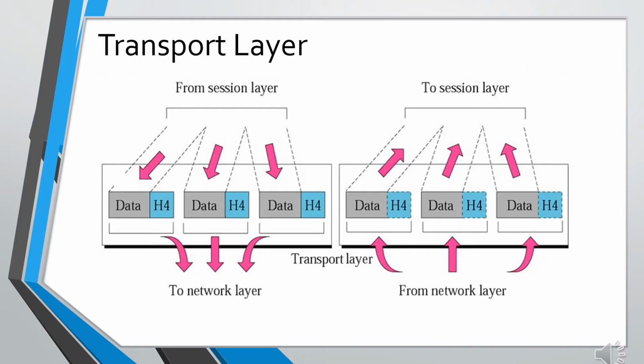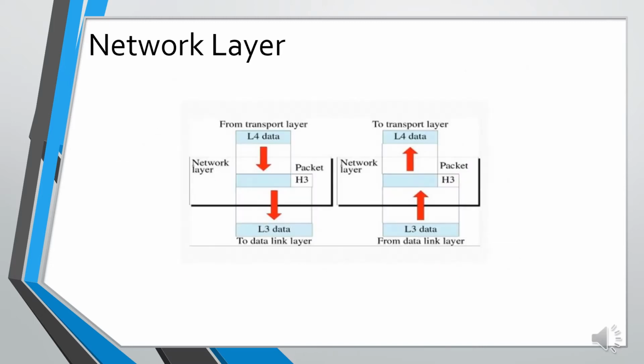Other protocols may provide additional capabilities including error recovery, data flow, and retransmission. Once the transport layer has completed its function, the data is then passed to the network layer.